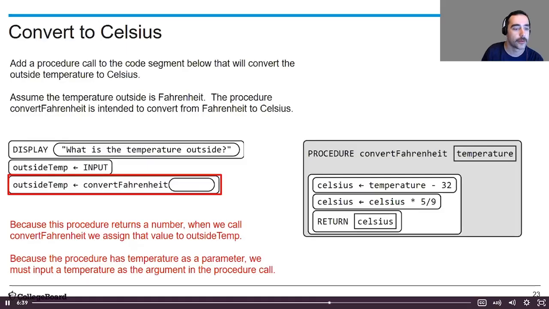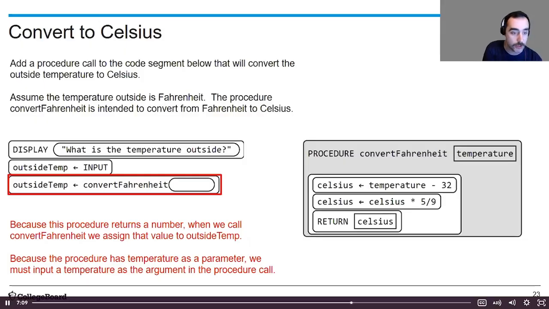So the most logical variable, since we're wanting to convert outside temperature to Celsius, is to assign convert Fahrenheit to outside temperature. Now, we still got to have that parameter we were talking about, but I can't just put in like 70 or 20 or some number, because this program is taking in user input about what is the temperature outside.